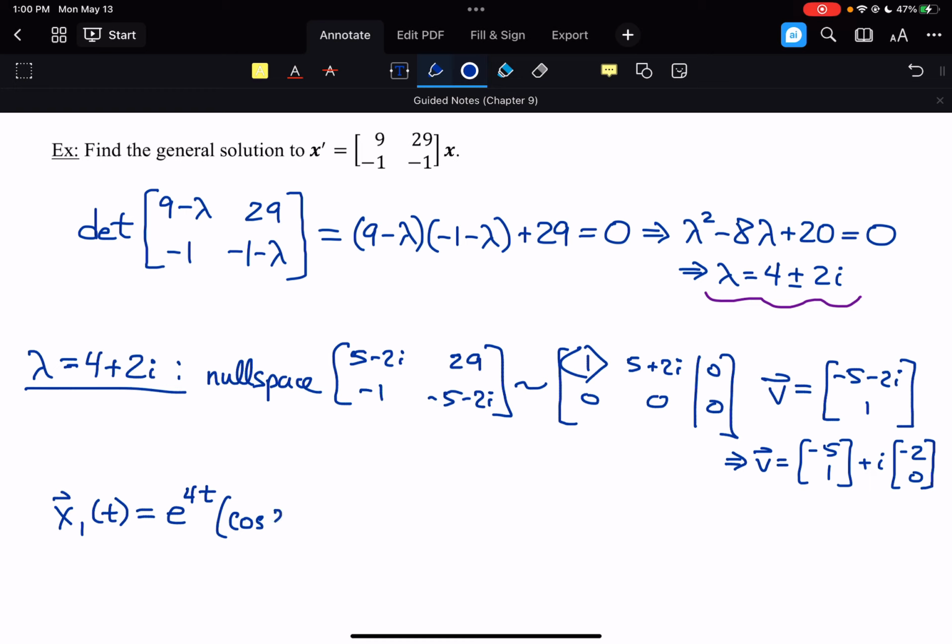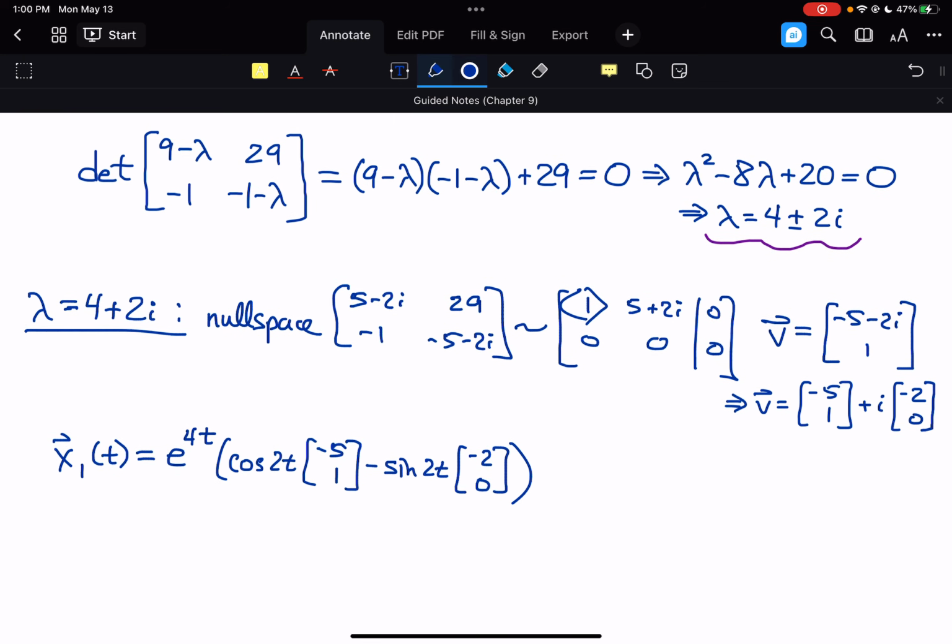So cosine of 2t times r, the real-valued vector, negative 5, 1, minus sine of 2t times the imaginary vector, negative 2, 0. We don't need the i itself, we just need the vector that is attached to the i. And that's, again, the benefit of this process: our solution will be all real-numbered, no complex values.